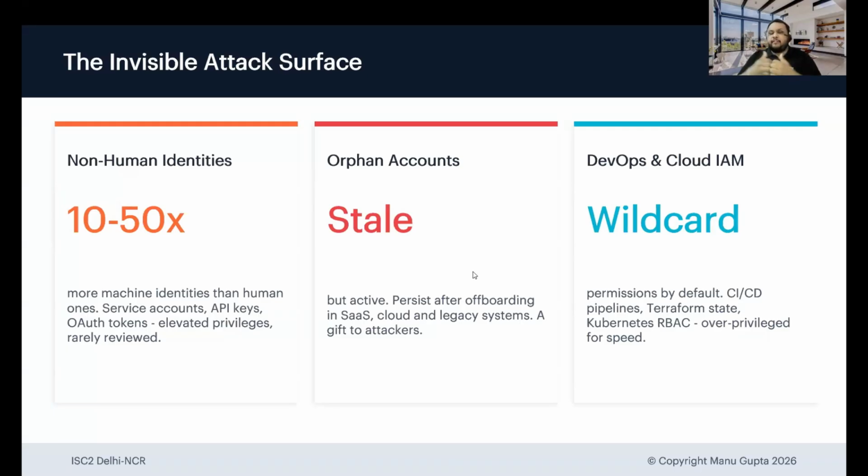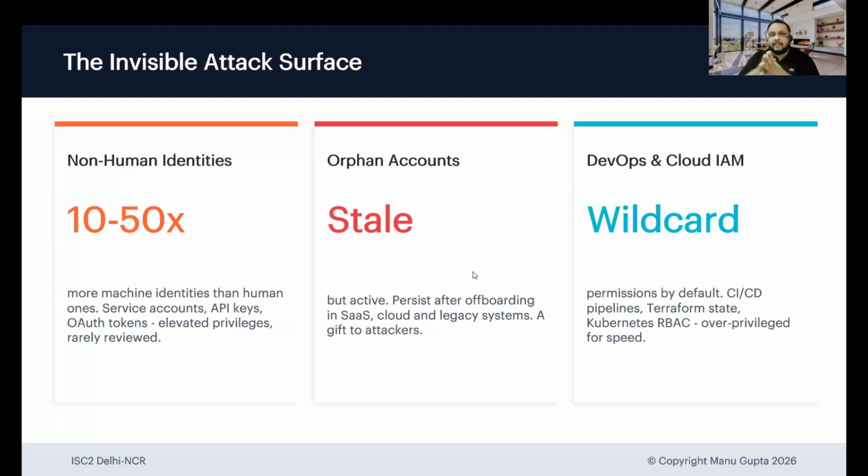And then finally, the shift to DevOps and infrastructure as code, Terraform, has created a new category of identity challenges. Developers need broad access to build and deploy. Cloud IAM policies in Azure, AWS, GCP can be very complex, granular, and often over permissive, because it's always easier to give full access rather than following the concept of least privilege, which basically states that give them only what access is required for them to do their jobs.